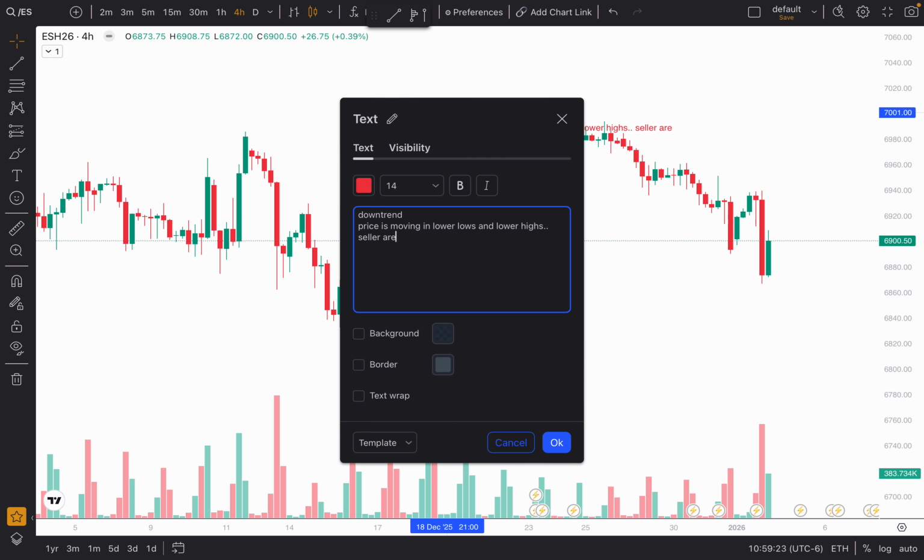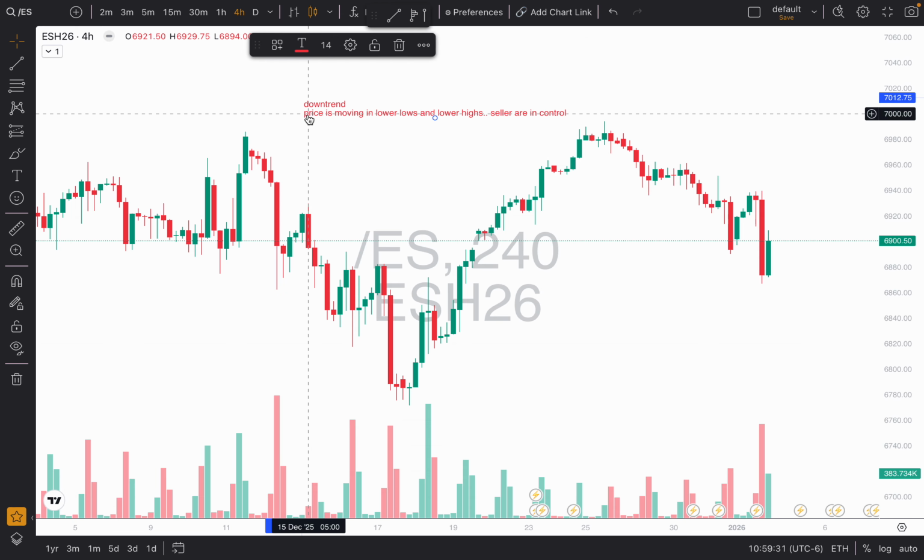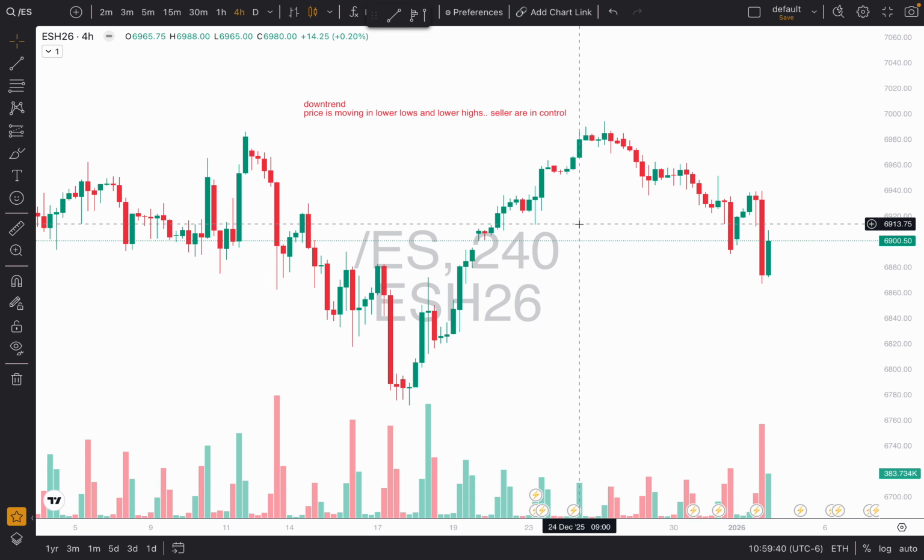Sellers are in control, right? Downtrend, price is moving in lower lows and lower highs. Sellers are in control.